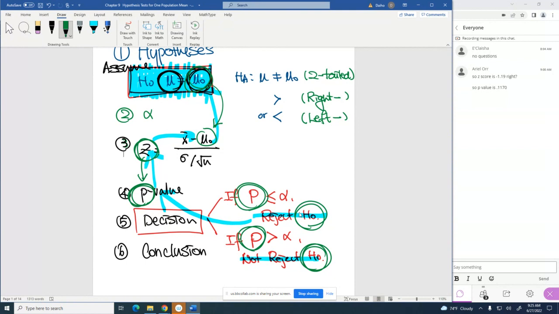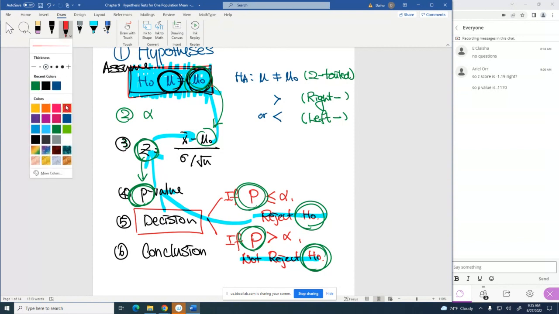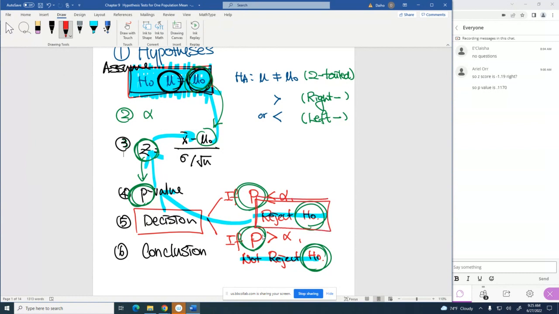So in step 5, we make the decision only for the null hypothesis. Does it make sense? Please remember, we have only 2 decisions: reject the null hypothesis or not reject the null hypothesis.